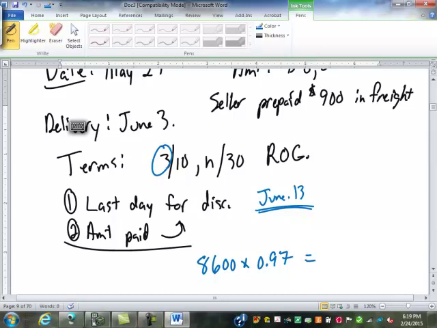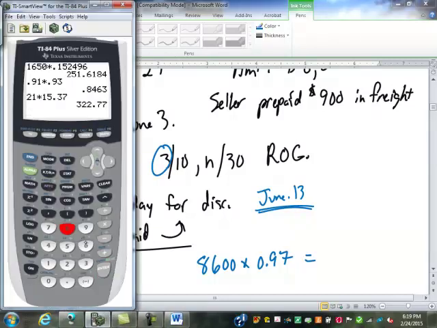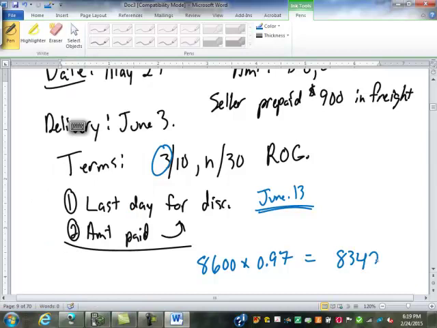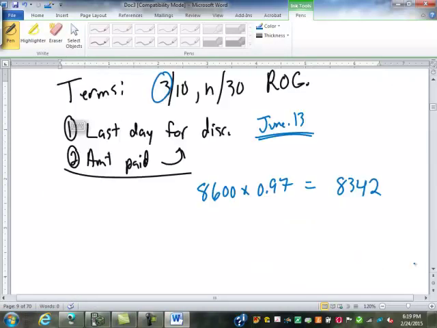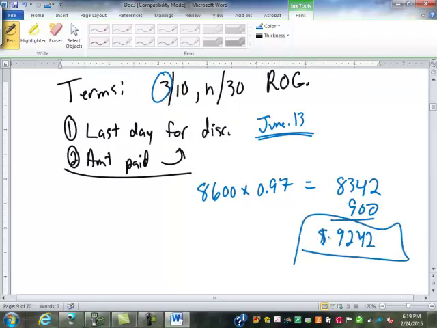Very good. So 8,600 times 0.97 is 8,342. Sound right? And then we add 900. 9,242. Looks good. Is that what everybody got? Close enough?